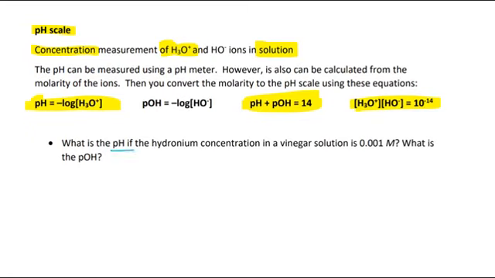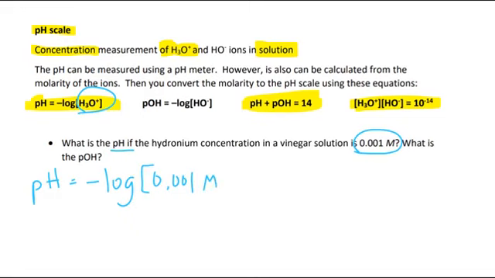What is the pH of the hydronium concentration in a vinegar solution that is 0.001 molarity? So I know that vinegar is an acid, and that my hydronium concentration is 0.001 molarity. So I'm just going to write down pH is equal to the opposite log of 0.001 molarity.